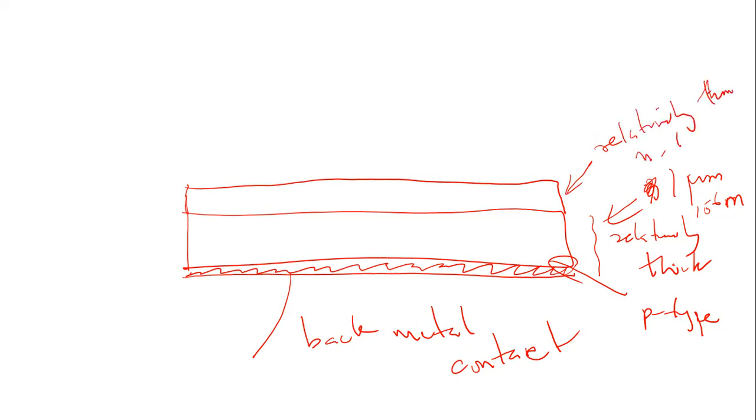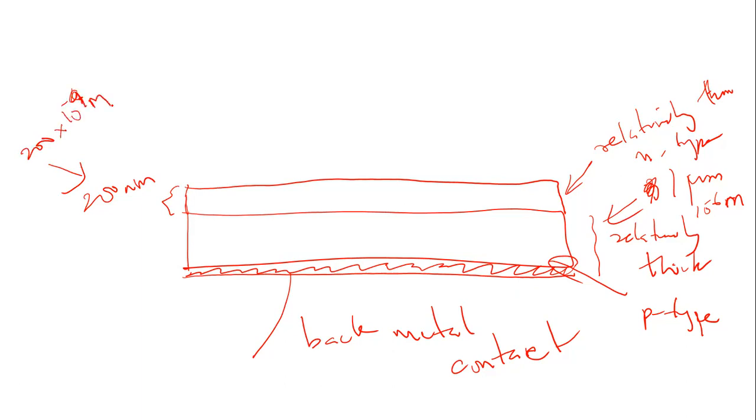This n-type semiconductor is usually around 200 nanometer. Nanometer means 200 into 10 to the power minus 9 meter.